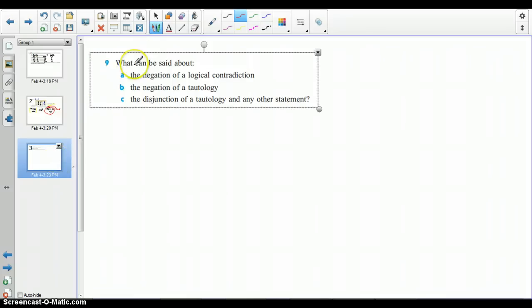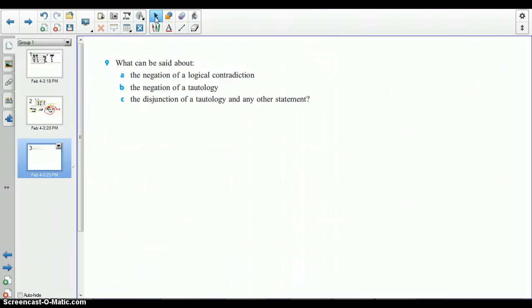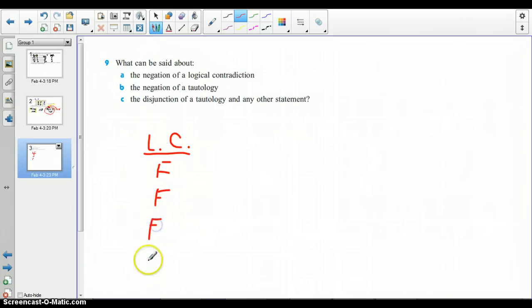Briefly, let's go into number 9. What can be said about the negation of a logical contradiction? Remember, in a logical contradiction, all of the values in the truth table are false. All of them. That's what makes it a logical contradiction. So if we're going to negate the logical contradiction, the negation of a logical contradiction is always true.